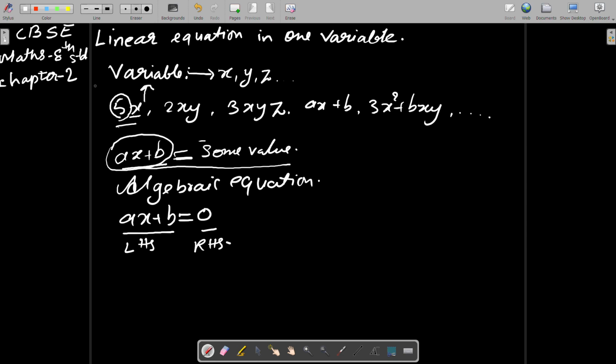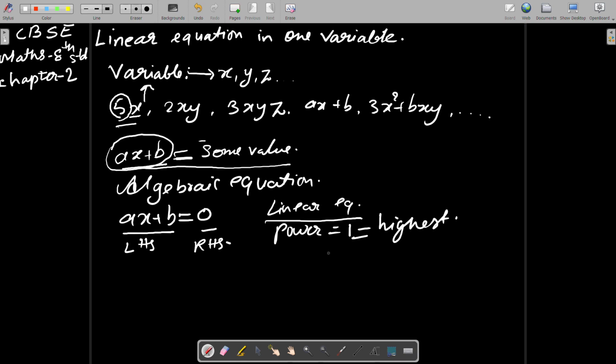Now, how can we say which kind of equation falls under linear equation with one variable? Whenever we say linear equation, the highest power of the variable will always be equal to 1.